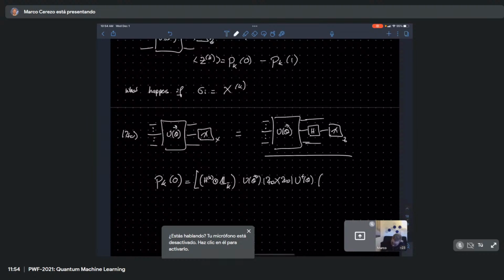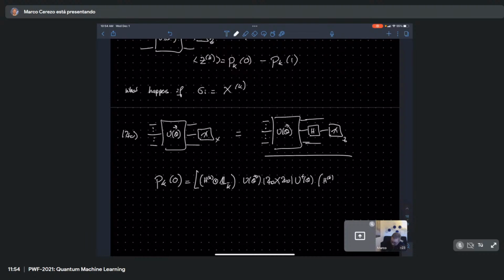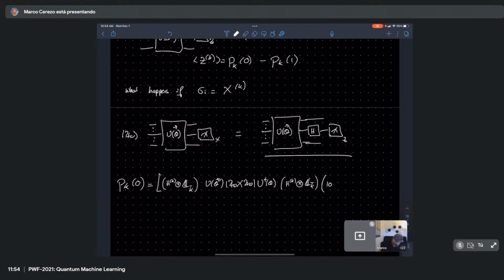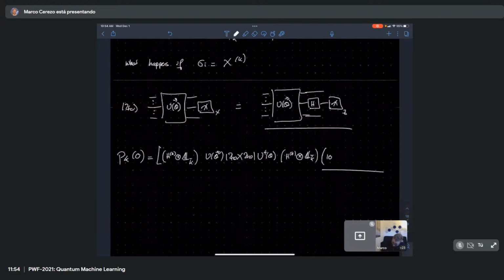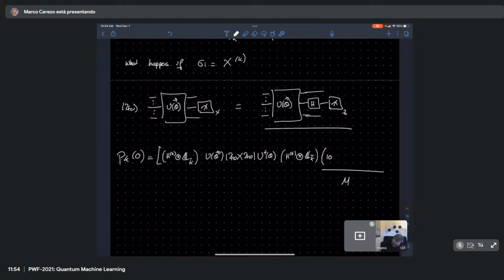So this is going to be H_k dagger, which is equal to H_k, times the identity on the rest of the qubits. And then the probability is just measuring and projecting the kth qubit onto the 0 state. So here what we have is the measurement operator.